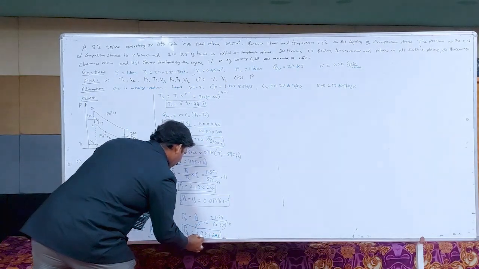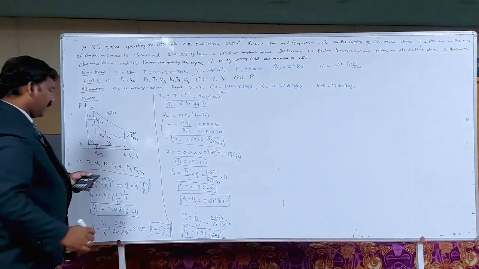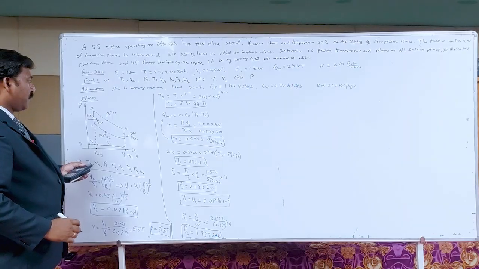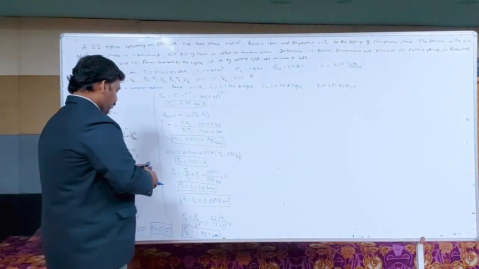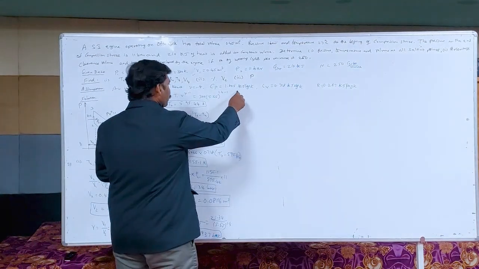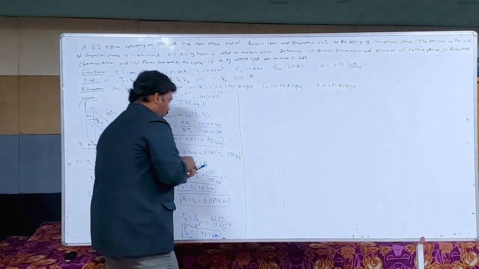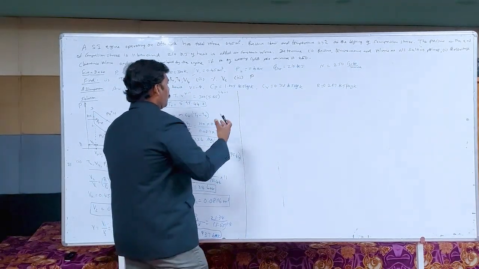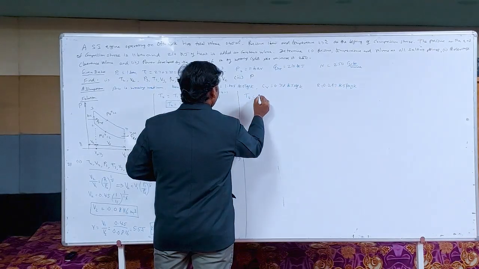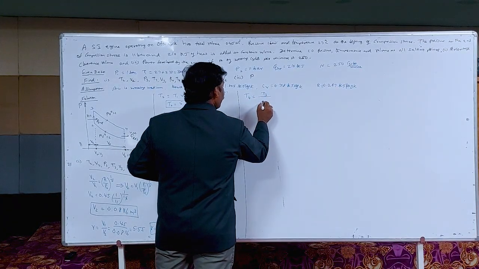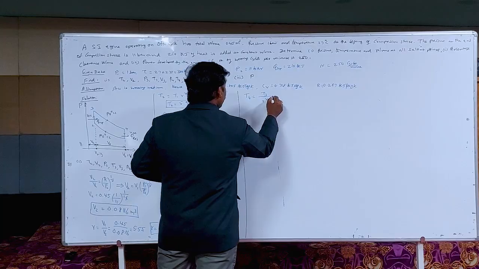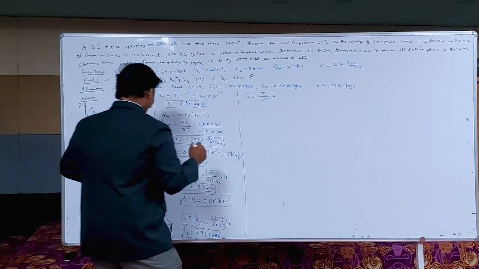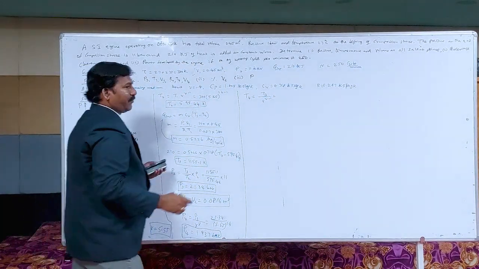Then we have to find out T4 and V4. T4 is equal to T3 by R power gamma minus 1. T3 we have found out as 1155.1.